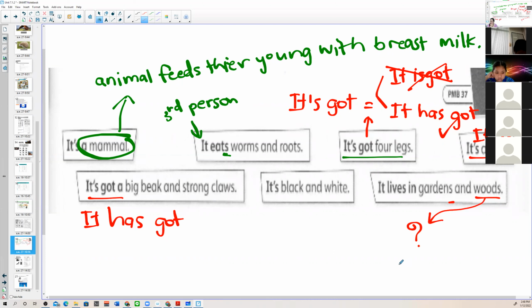What does it mean? Forest. Right, forest, not wood logs, okay, woods with the S. If it's just wood, that means the stems that come from the tree, right, wood. But if it's woods with the S, that means forest, a lot of trees in there, that is why.